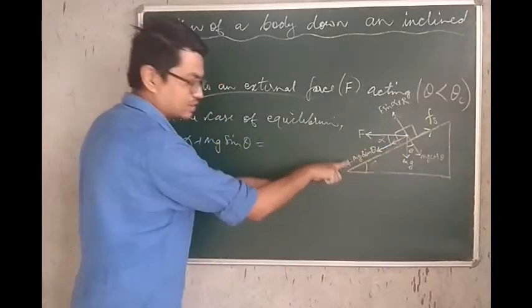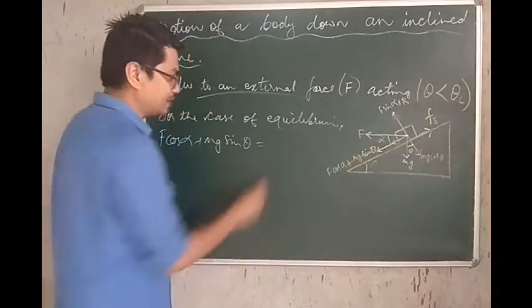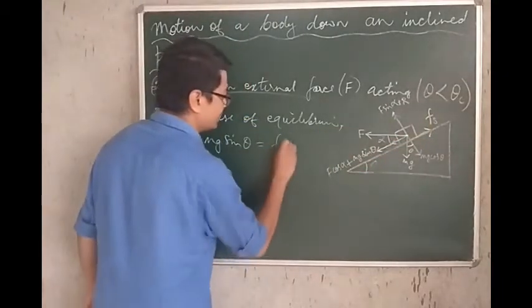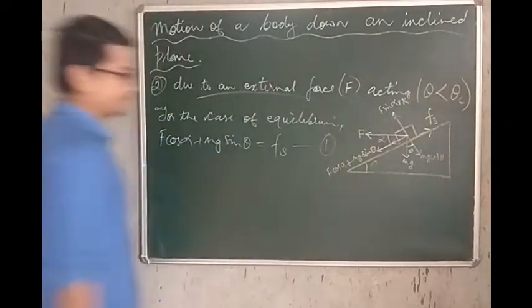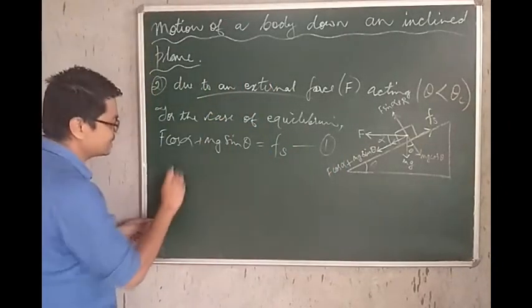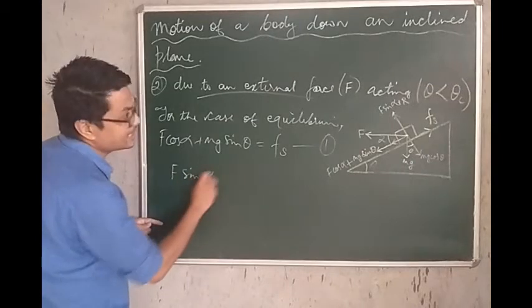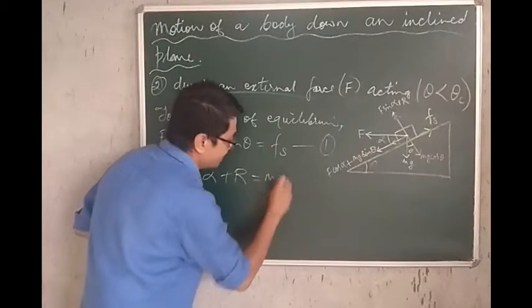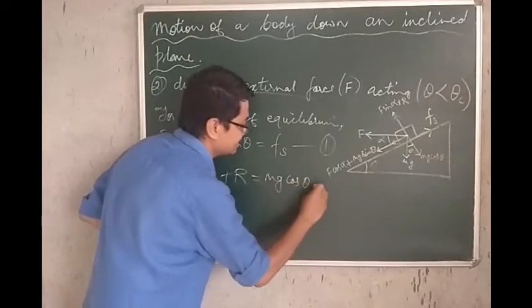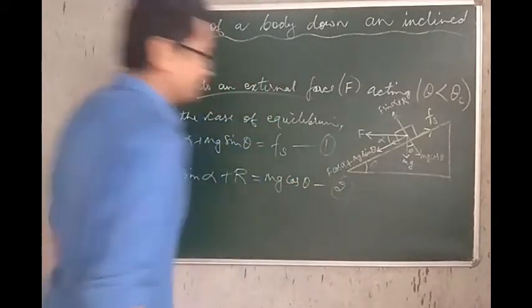This force in the downward direction along the inclined plane is balanced by the force of limiting friction. Okay, let us say this is our equation 1. Likewise, what we have is F sine alpha plus the normal reaction is equal to mg cos theta, as you can see in the picture.